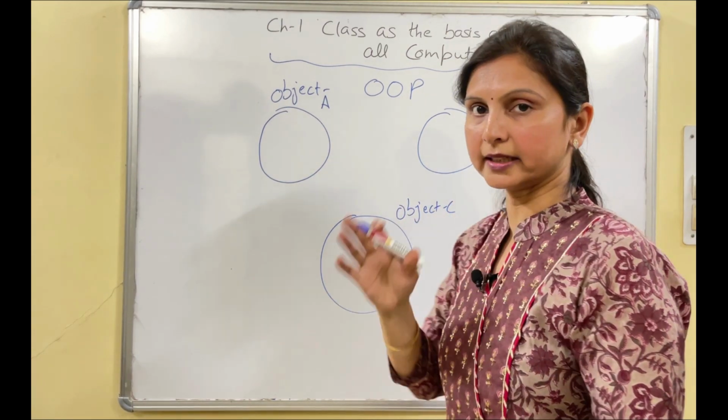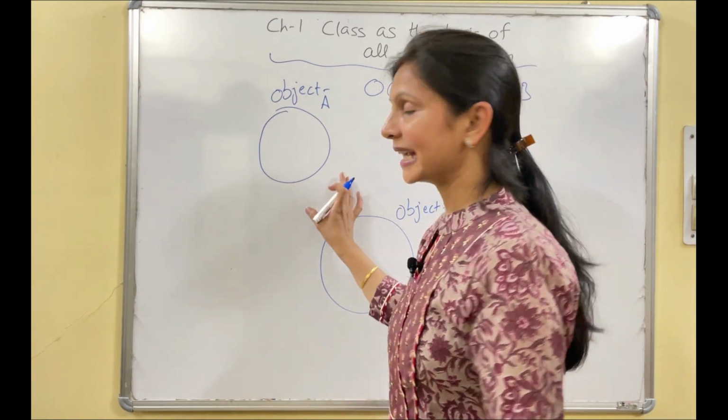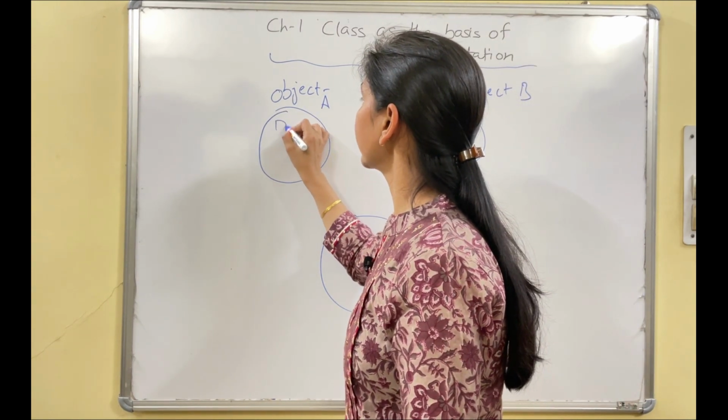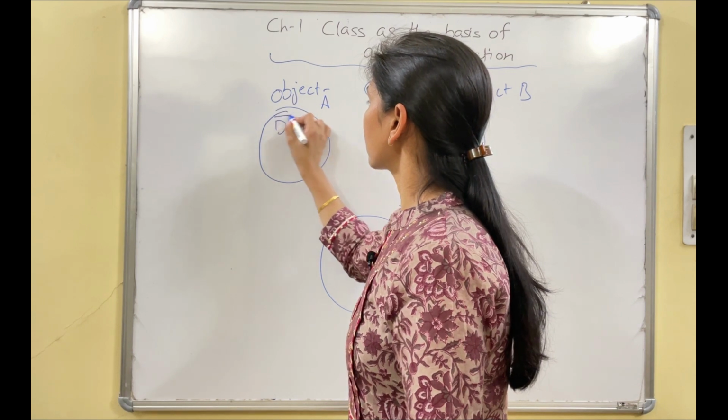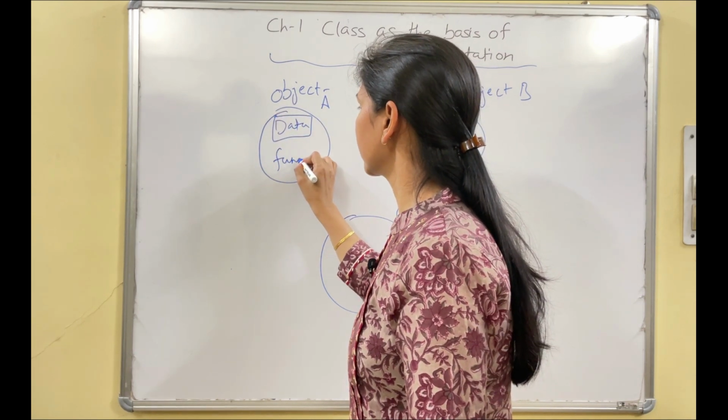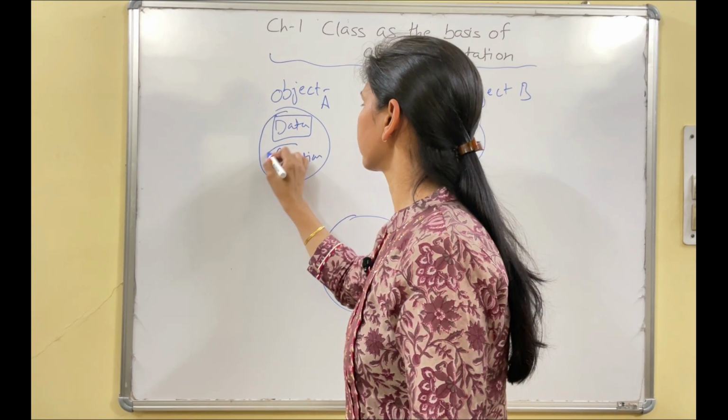Now what is an object? An object is a unique entity which combines data and function. The object contains data and function.